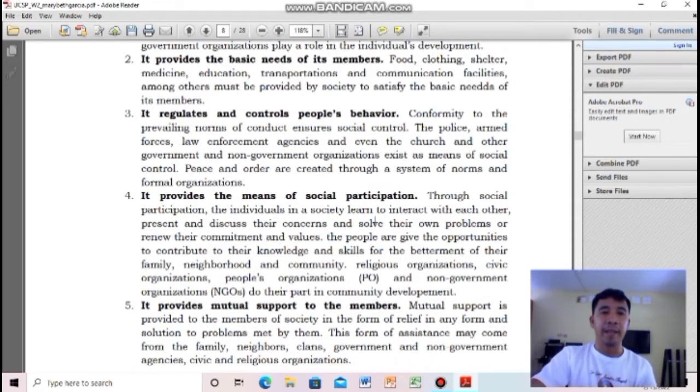Number 4, it provides the means of social participation. Through social participation, the individuals in society learn to interact with each other, present and discuss their concerns and solve their own problems or renew their commitment and values. So sa dali nga part, ginatagaan chance ang isa ka isa sa aton to participate, no? Ang kanya-kanya sa aton may kanya-kanya man na obligasyon, participation sa aton nga society.